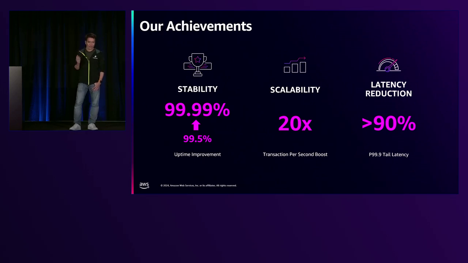Our order processing throughput has scaled up at least 20 times. We achieve unlimited scalability by simply adding more servers, and it doesn't impact the latency. Finally, we have reduced our tail latency at the 99.9 percentile by over 90%, meaning our latency stays consistently low, no matter the volume and traffic.